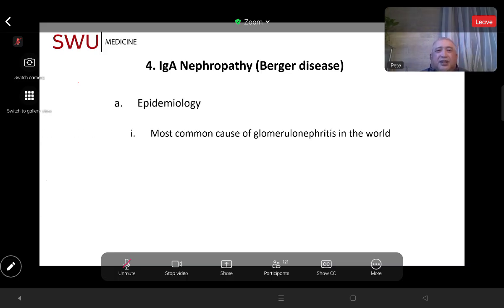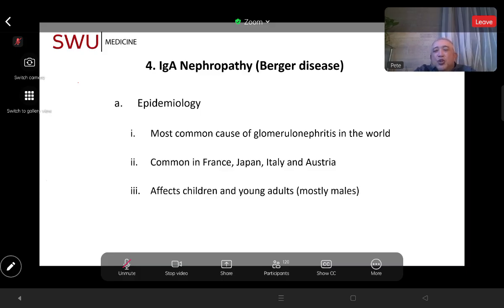So the next one is your Berger's disease. And this is the most common cause of glomerulonephritis in the world. Okay? Usually occurring in France, Japan, Italy, and Austria. Usually children and young adults, maybe the age of 20 to 25, are affected. Okay?